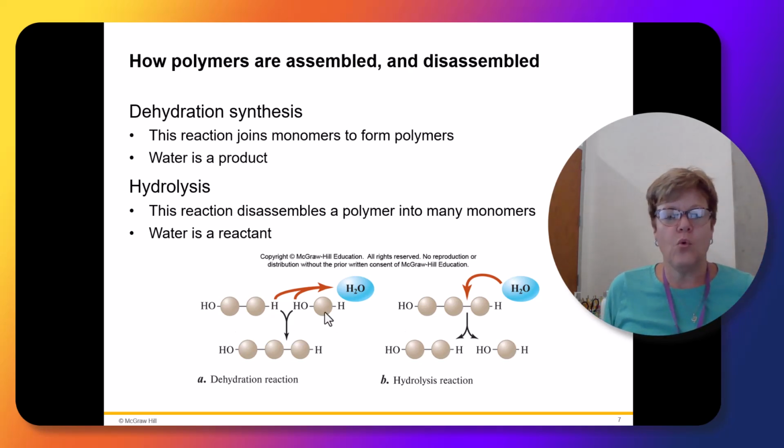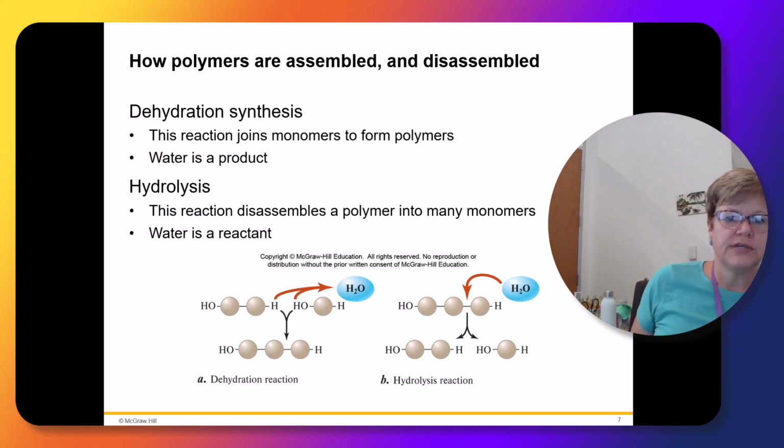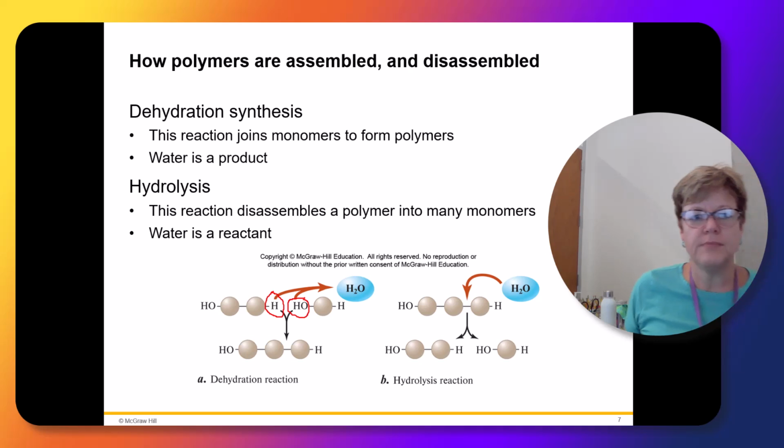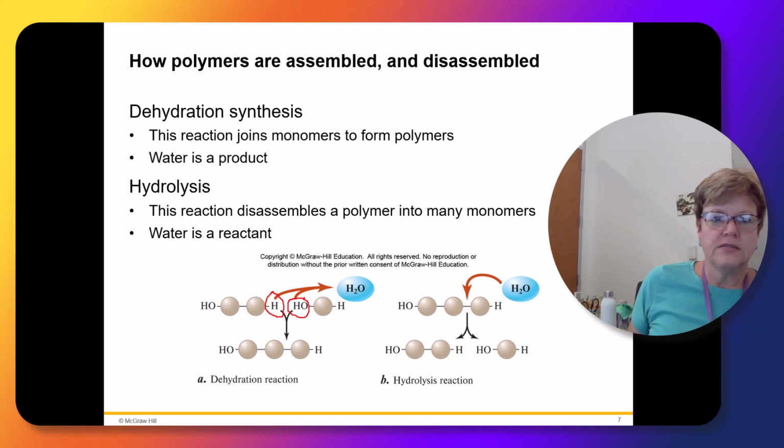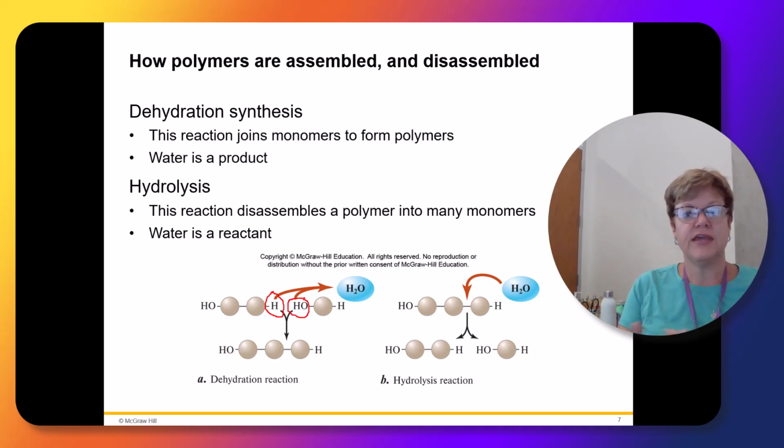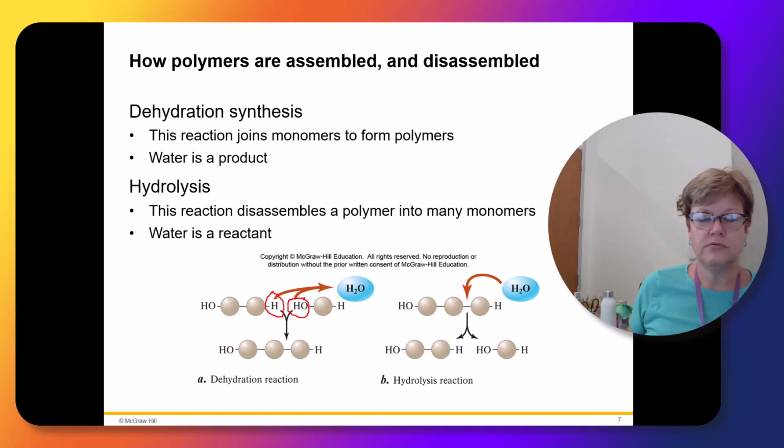When the H that's sticking out right here and this OH that's on the other piece come together, they form water, which leaves the molecule, and it creates a bond.